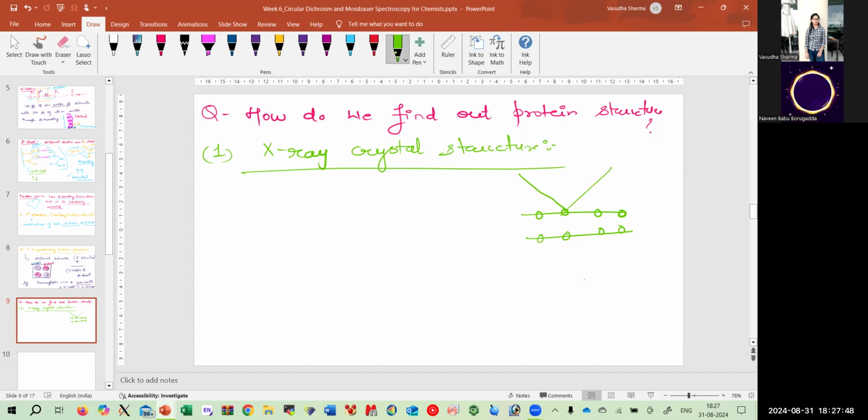So it would form a diffraction pattern. And wherever you have bright spots, that is the combination or superposition of those waves when they are in phase, and you will get a particular crystal structure. You get a structure over here, and you can identify, okay, you have a carbonyl group over here and NH bound to it, and so on.